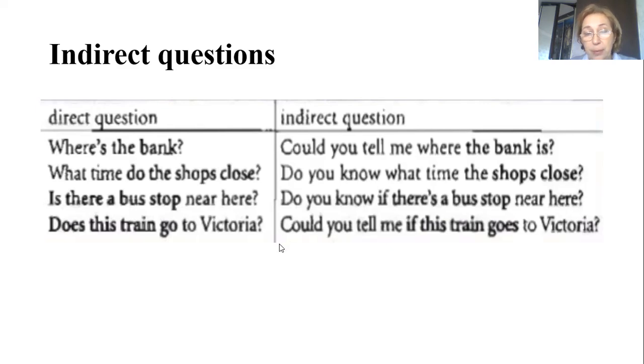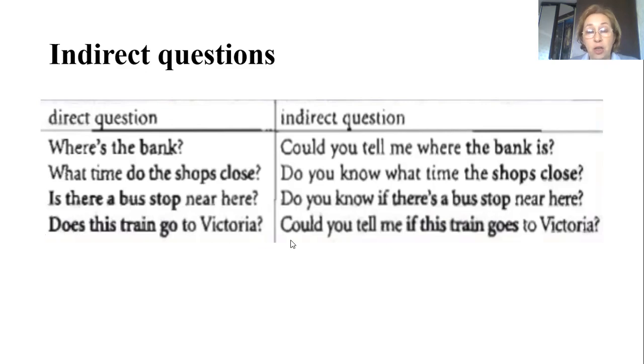And the last question here, the last line here, is also a general question. Does this train go to Victoria Station, for example? It starts with does, an auxiliary verb, which shows that this is a question.